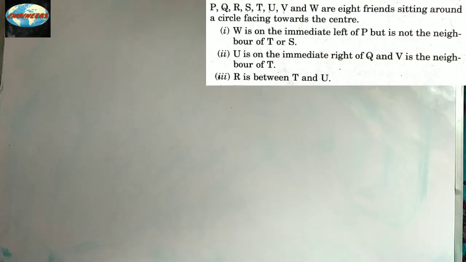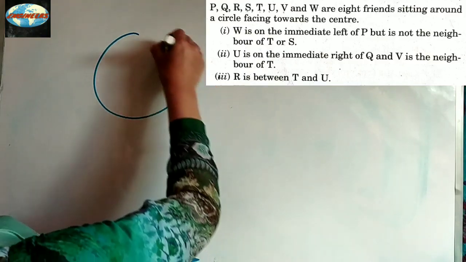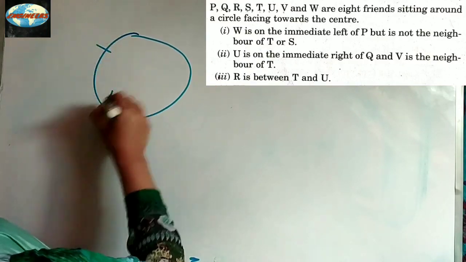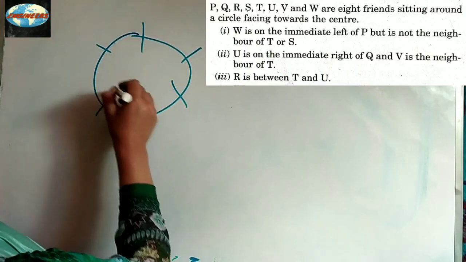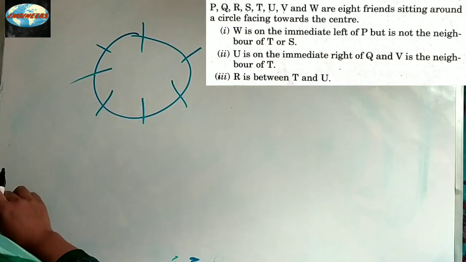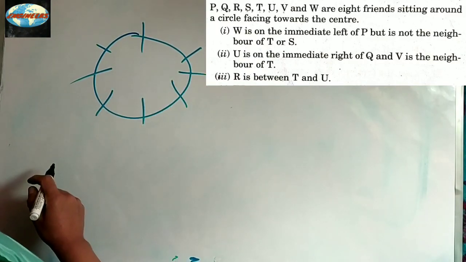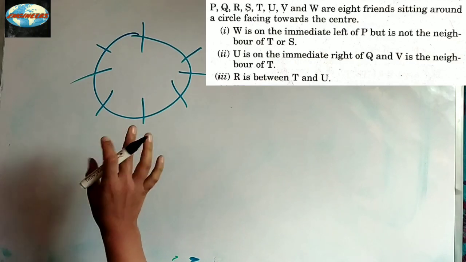Now, moving on to the third question, we have P, Q, R, S, T, U, V and W, 8 friends sitting around a circle facing towards the center.